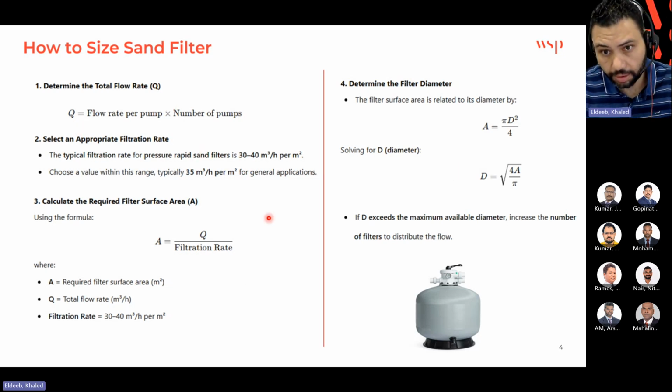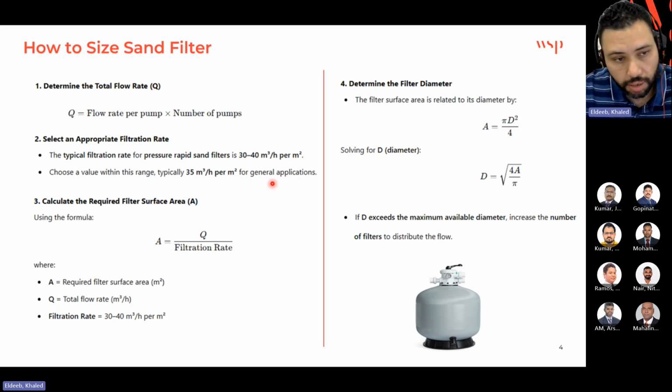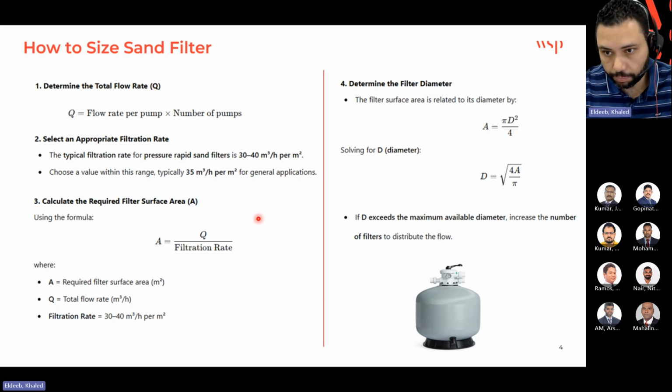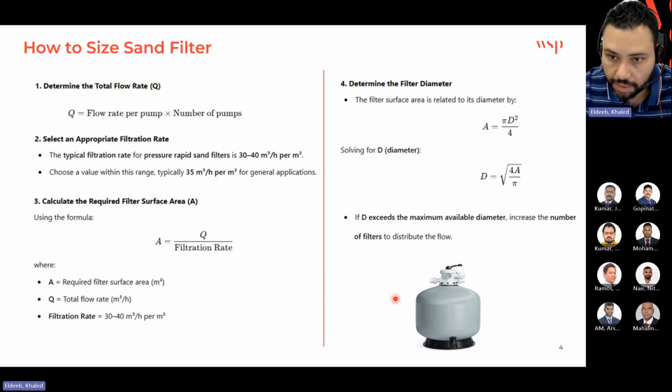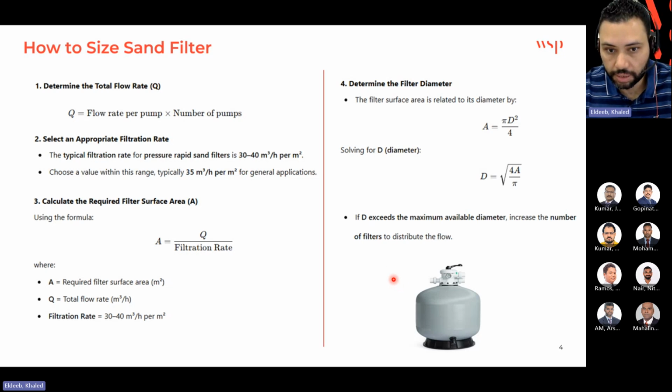Also, we learned that a larger filtration area improves the efficiency of the process. So oversizing the filter is something good, not bad, if your project allows for this, because this reduces the maintenance requirement and the pressure losses in the entire system.